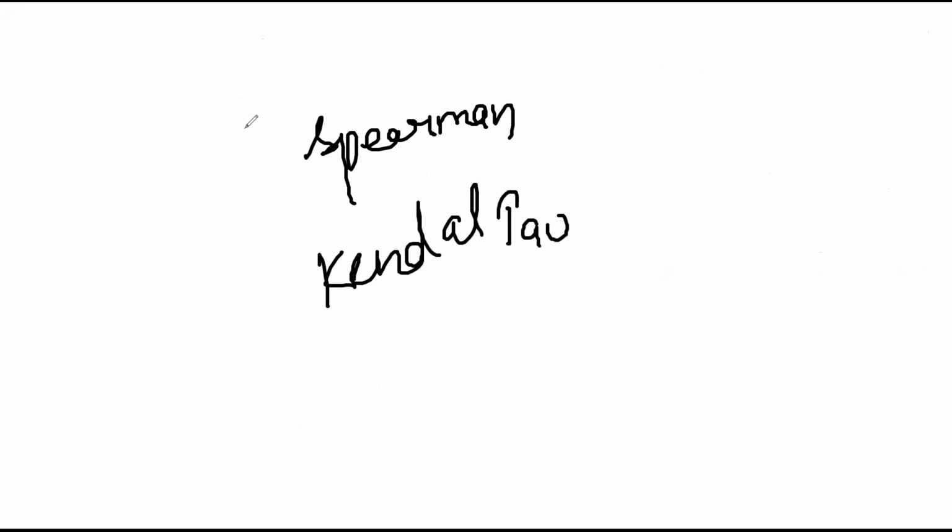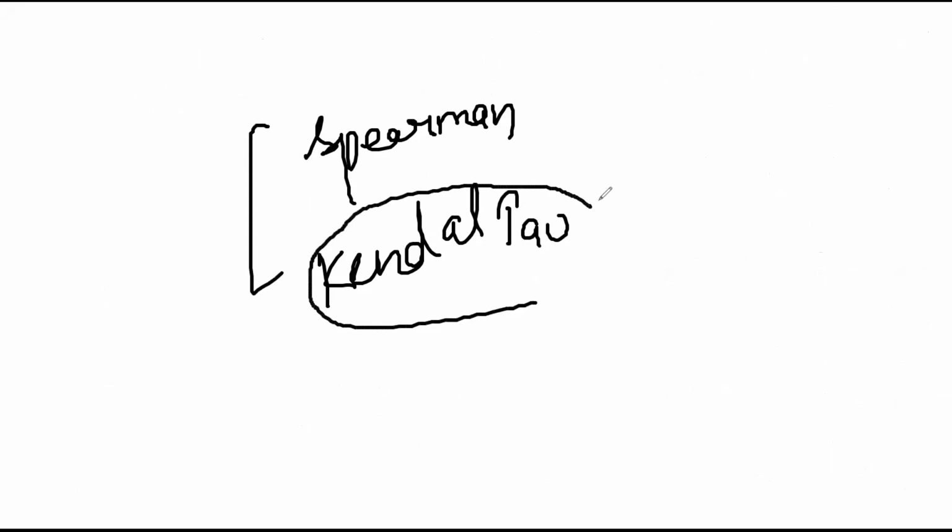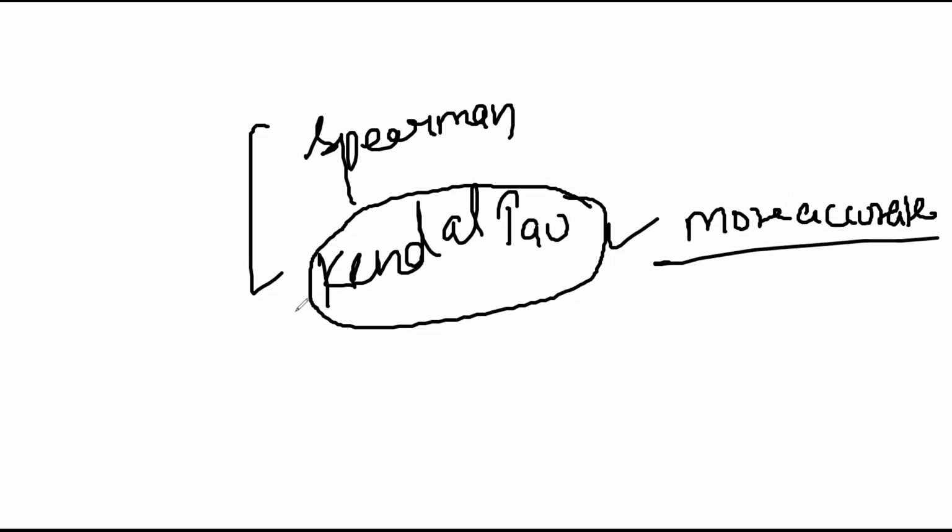As you will also find if you search on Google, the Kendall-Tau test is more acceptable or more accurate, right? So we will consider only the Kendall-Tau test. I will show you the difference between the Spearman and Kendall-Tau tests, right?